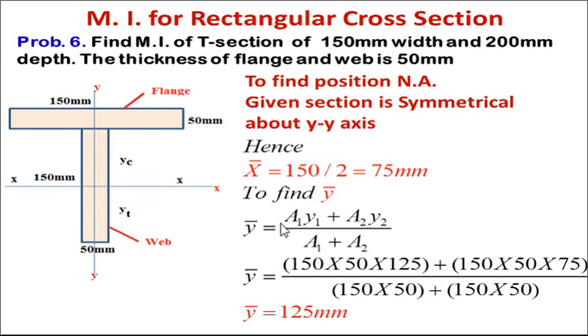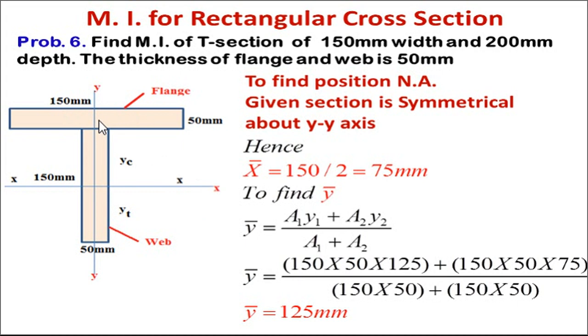We have studied it earlier: a1 y1 plus a2 y2 divided by a1 plus a2. So here you can make this figure 1 like this. This may be 1 or this may be 1. I have taken the top portion as figure 1 and this will be figure 2. So A1 means the area of figure 1, 150 into 50, into y1.